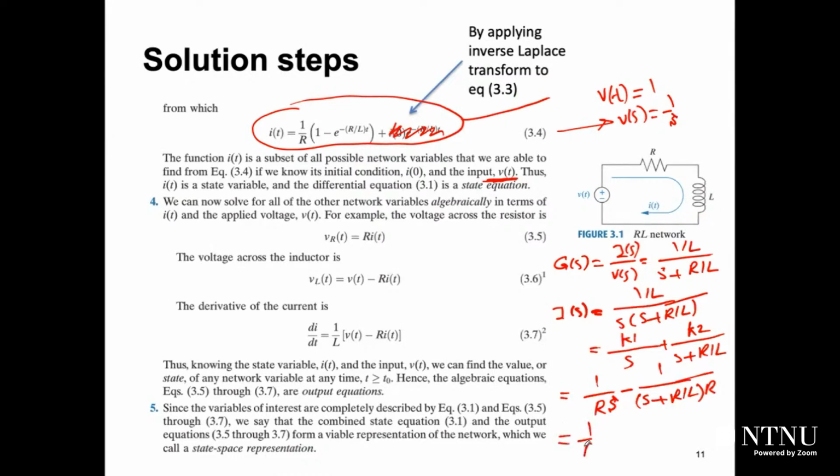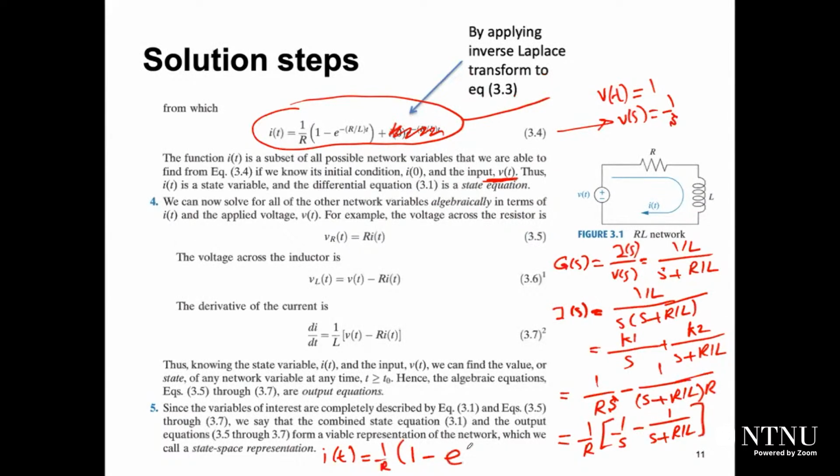So it will be 1 divided by R multiplied by 1 divided by s minus 1 divided by s plus R divided by L. Apply the inverse Laplace transform. So in this case, I of t will be 1 divided by R, because this is constant, multiplied by the inverse Laplace transform of 1 over s, which is 1, minus 1 divided by s plus R divided by L.